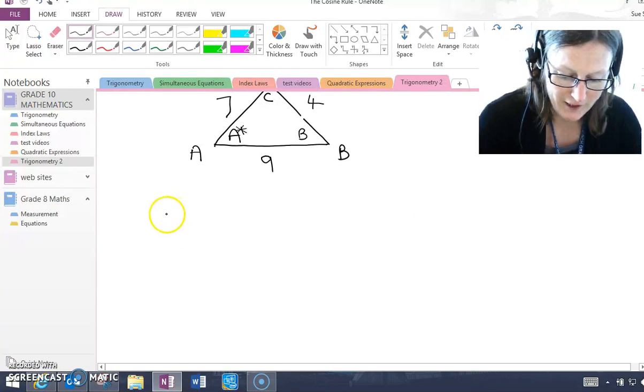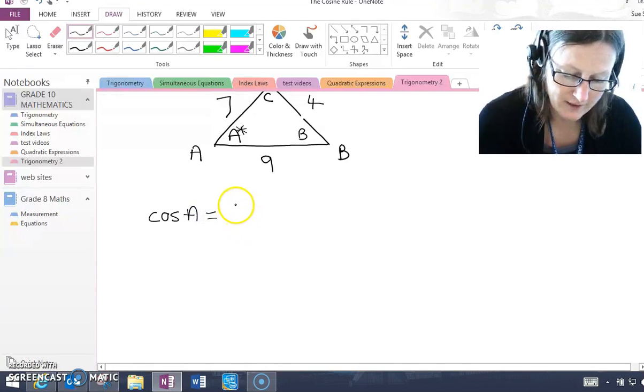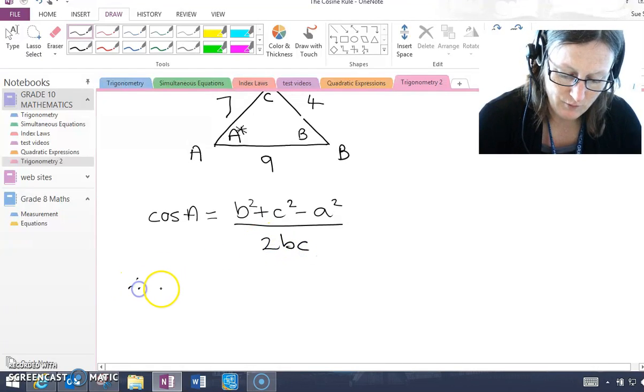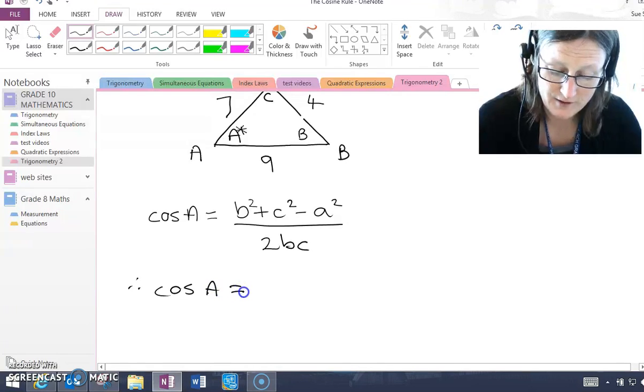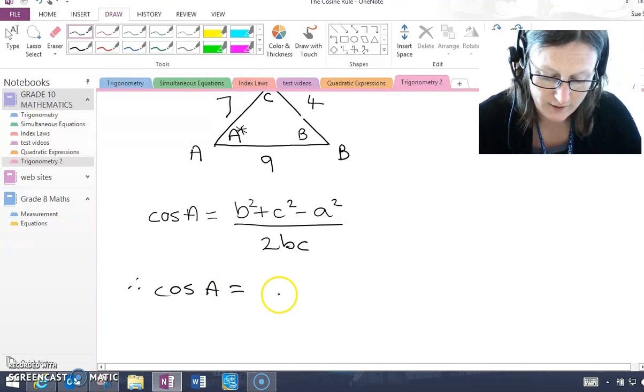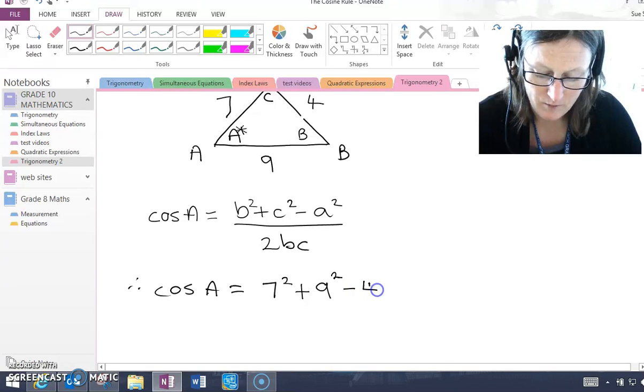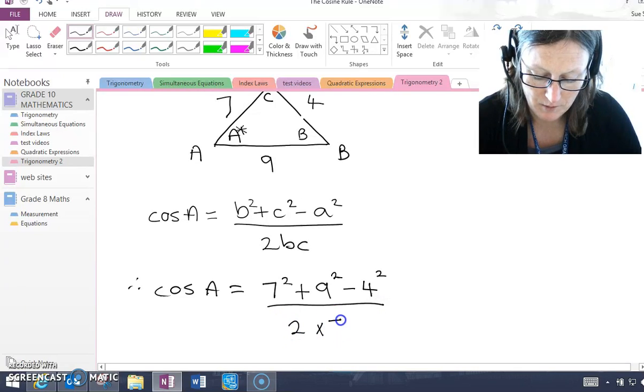So I'm just writing my rule out here: cos of angle A is equal to B squared plus C squared minus A squared over 2BC. Therefore, cos of A equals, and I just substitute in, 7 squared plus C, being 9, 9 squared, minus A, which is 4 squared. Divide that by 2 times B, which is 7, times C, which is 9.